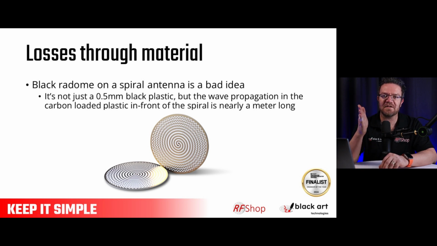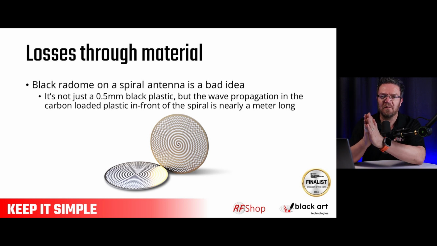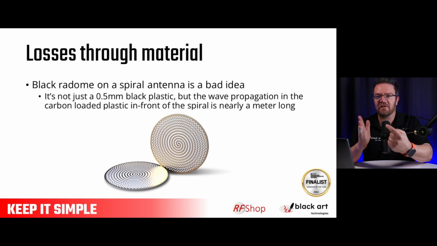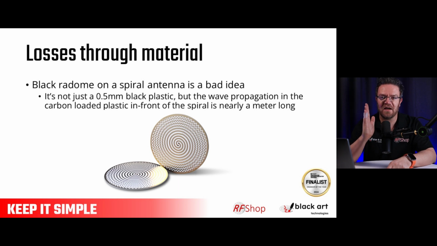Now you have a spiral here, you put a radome on top, because that's just how you're going to cover it. What I didn't realize when I was that young is, first of all, black is only achieved by carbon loading the material that we used. Second of all, it's not just going to propagate through this. It's not just, here's my antenna, I'm just going to hop through the 0.5 millimeter of material that I have in front of it.